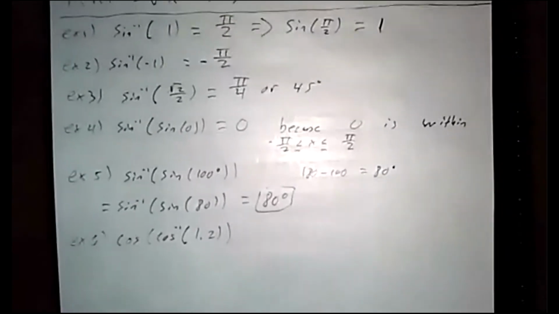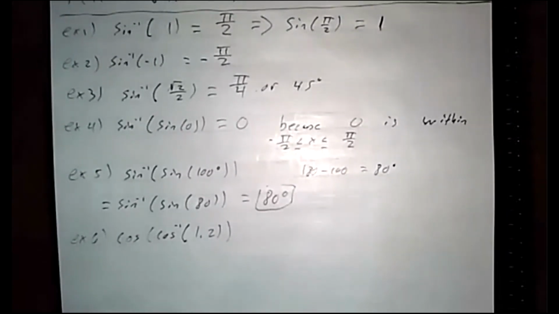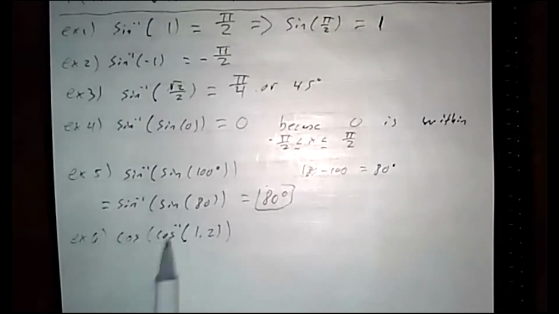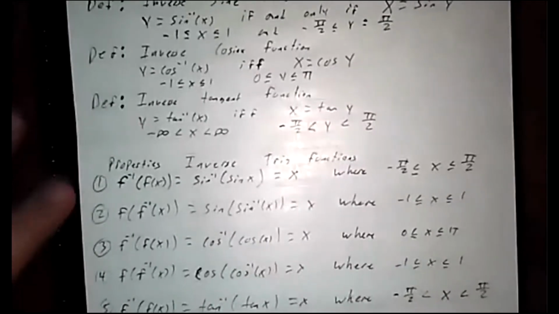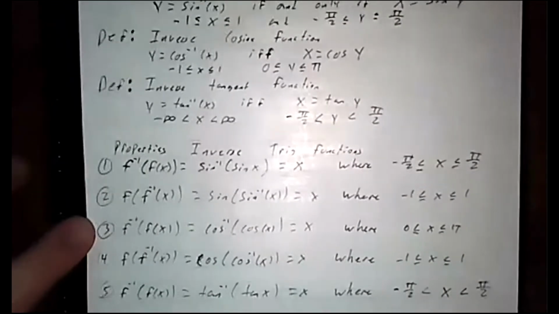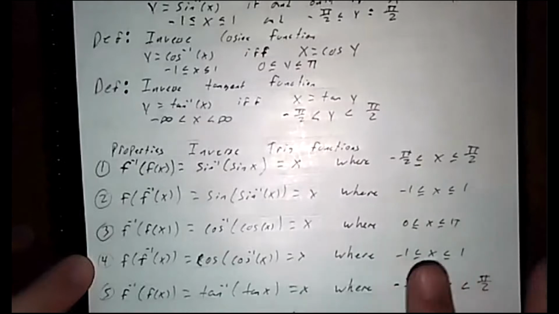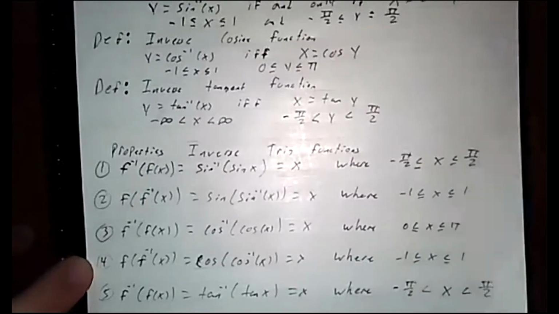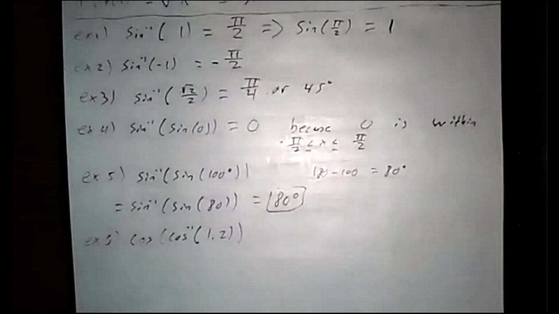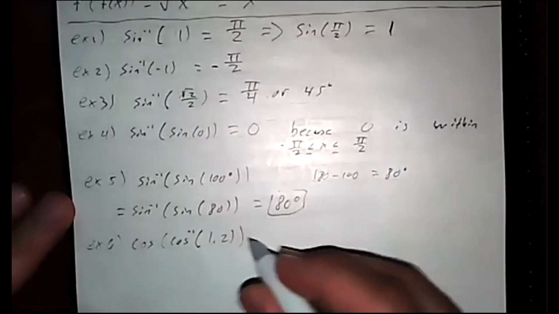The requirement when a regular cosine is outside, in order to cancel the cosine inverse, is that x has to be between -1 and 1. And currently we have 1.2. It's too big. So this one is undefined because I can't adjust it, because this is not an angle.